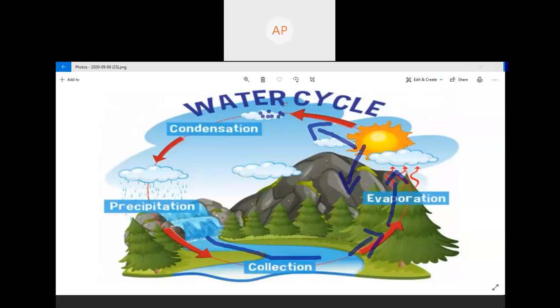Can you see small water droplets? I'm annotating. What will happen? They will join together and form the clouds. So all this water vapor joins together to form clouds. So here condensation occurs.